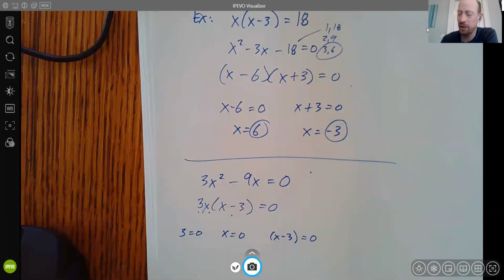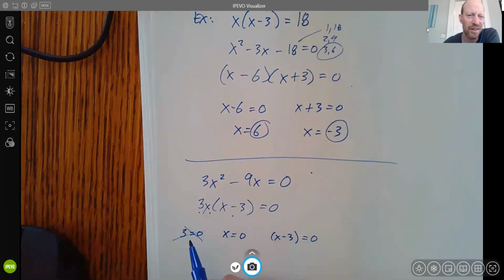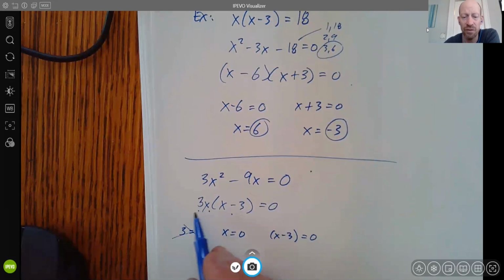What you can see there quite quickly, of course, is that 3 never equals 0. So that constant factor doesn't give me any solutions, right? If there's a 3 or a 10 out in front, that's not going to give me any solutions. So I can ignore that. But the x here certainly does give me a solution, right? If x is 0, then this whole thing is 0, and I've got a solution.